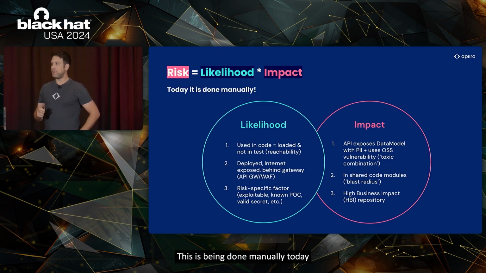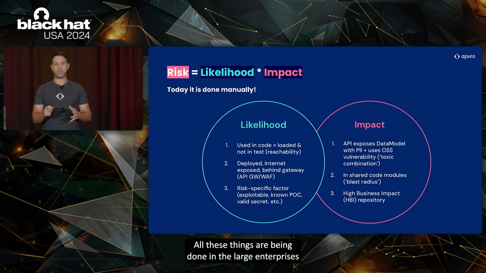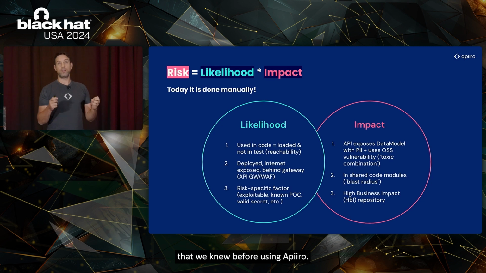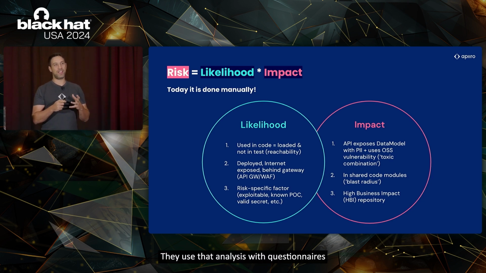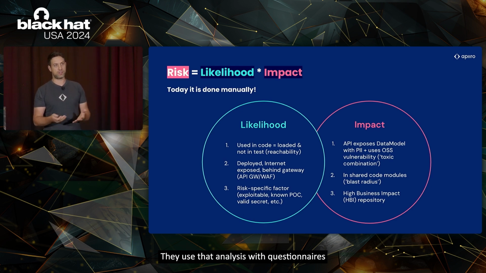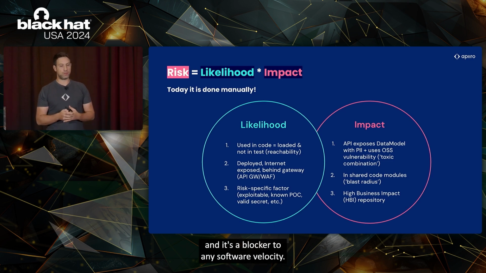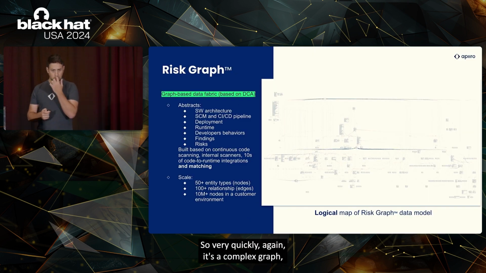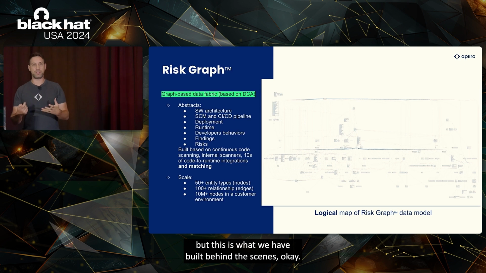This is being done manually today before releasing code to production. All these things are being done in the large enterprises that we knew before using Apiro. They use that analysis with questionnaires and manual reviews, and it's a blocker to any software velocity. So very quickly, again, it's a complex graph, but this is what we have built behind the scenes, okay?